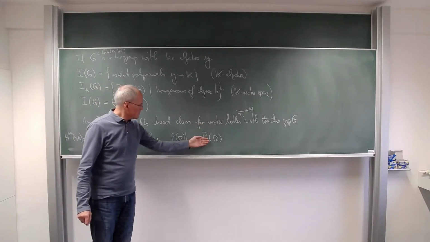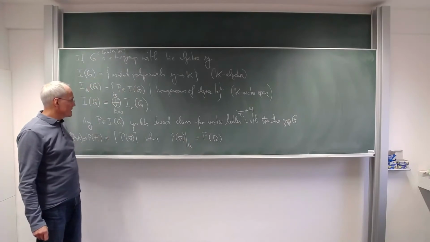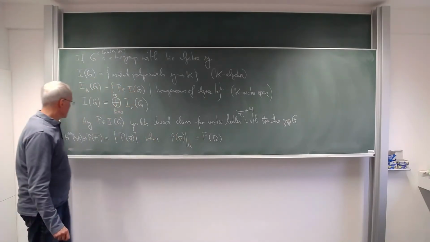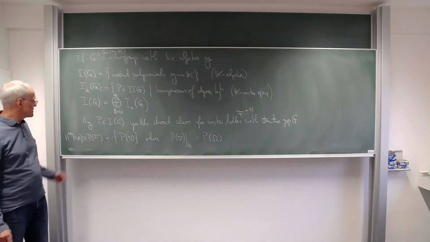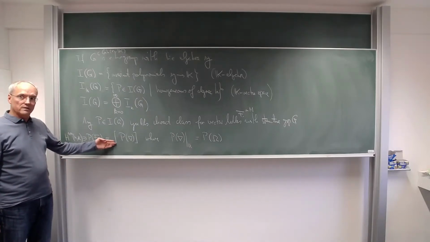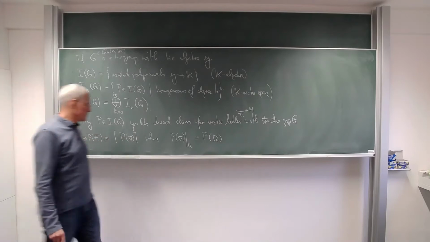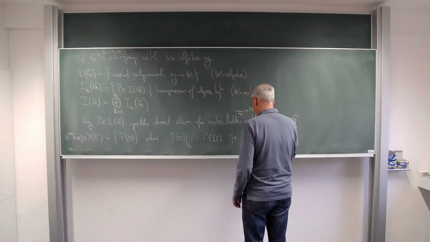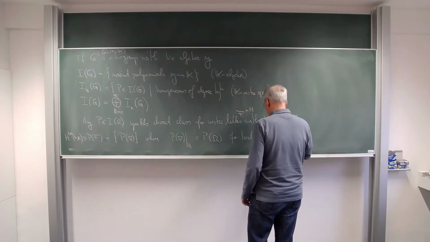This independence comes from the invariance property, and then we also checked that this is a closed form, and then the homotopy formula for differential forms gave us that the whole thing is independent of the choice of connection.